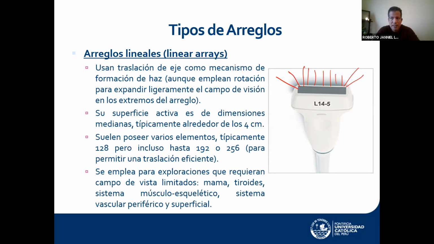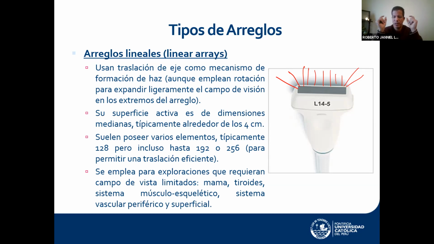Frequency-wise, it goes to high frequencies because, even though the length of the array is larger, it's still a relatively limited field of view. So linear arrays are used for applications where you're going to do very superficial imaging.